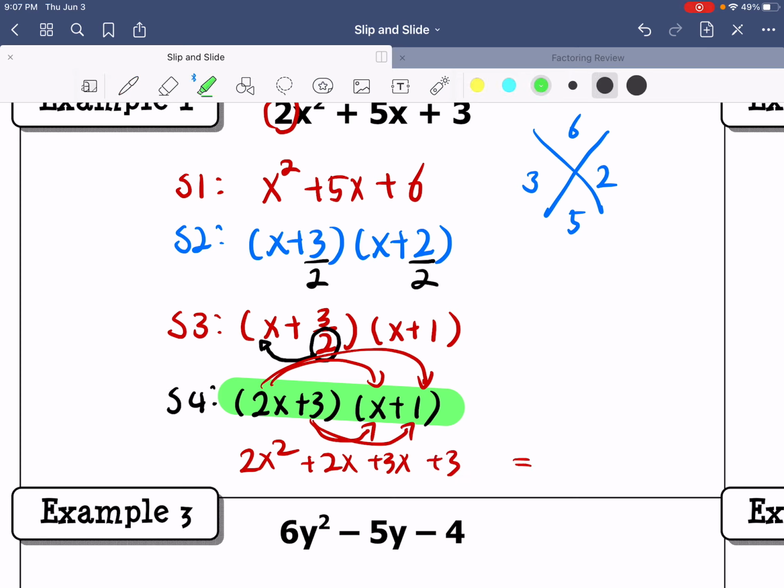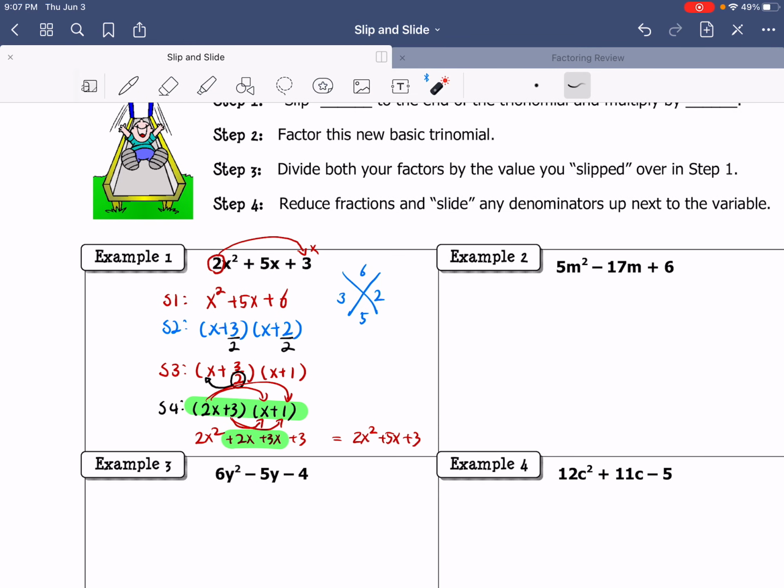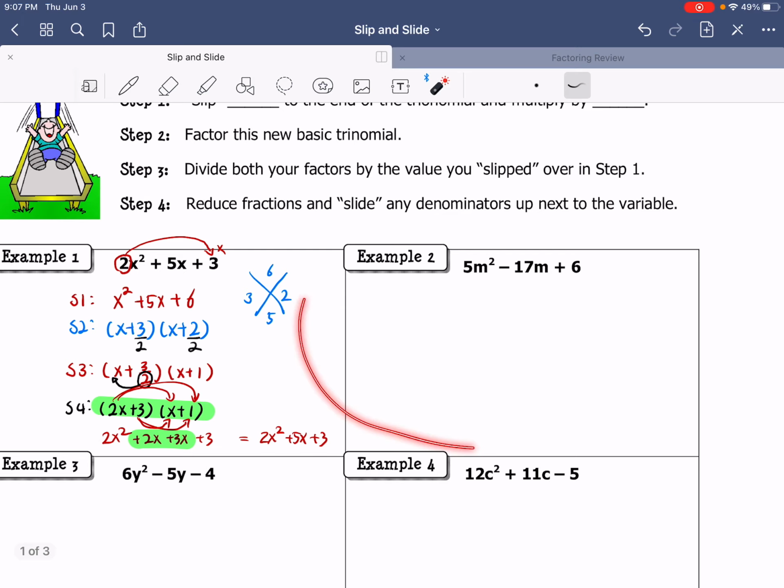So, as you can see, if you combine these two together, you will get 2x squared plus 5x plus 3. As you can see here, this and this, they are the same thing. So, that's what it is. And I know usually it is very difficult to understand by just one example. So I'm gonna do one more here, okay?